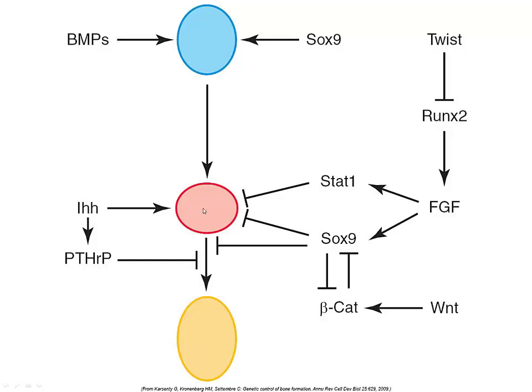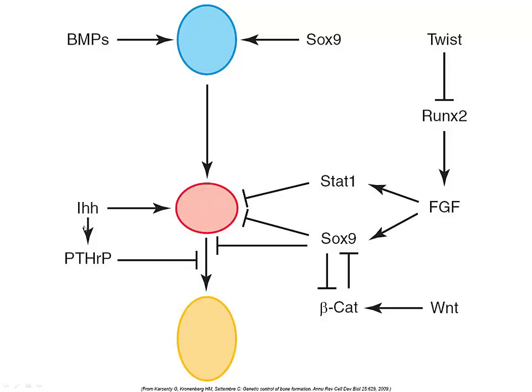This is going to cause the condensation event, but it also is going to impact this parathyroid hormone related peptide. As you can see, this peptide is going to inhibit the progression. So while we're creating our chondrification center, we're going to keep them in the cycle until we build up enough mass, until we have enough beta-catenin that we can then release this on down into our differentiation state.